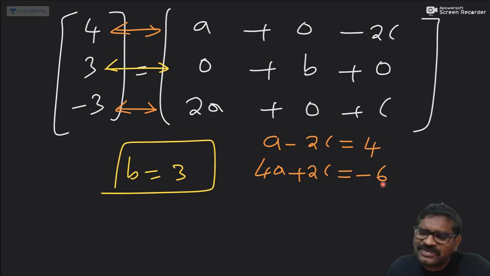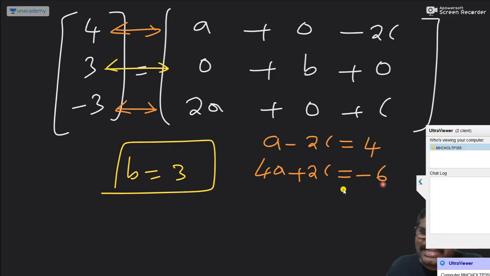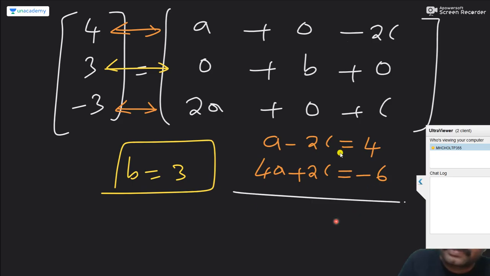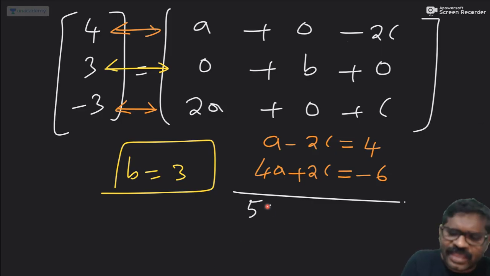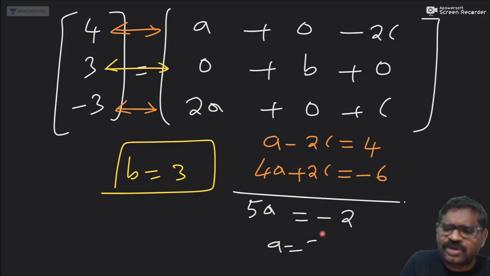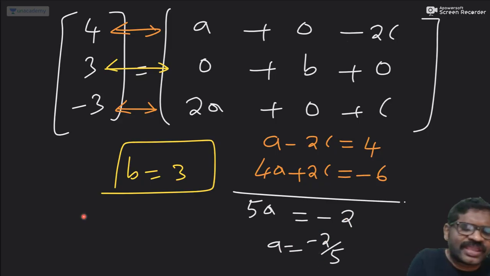Any problem? 2A plus C is minus 3. So 4A plus 2C equal to minus 6. Add both. 5A equal to minus 2.